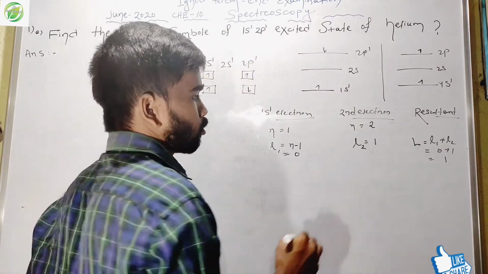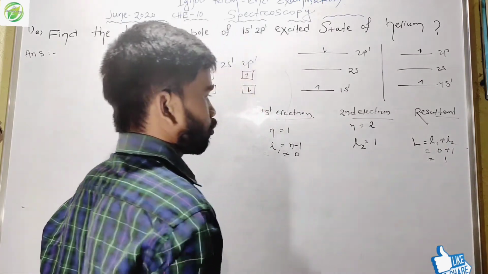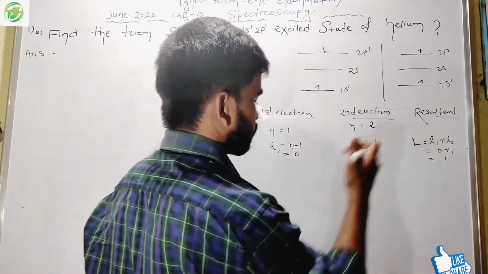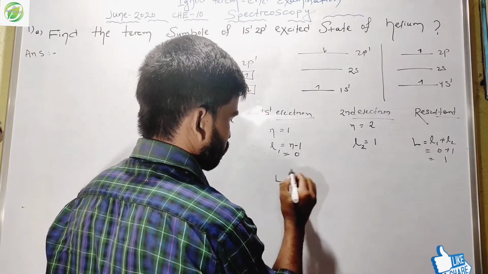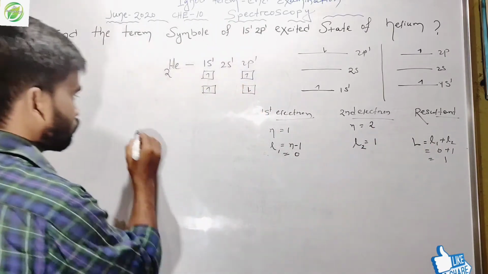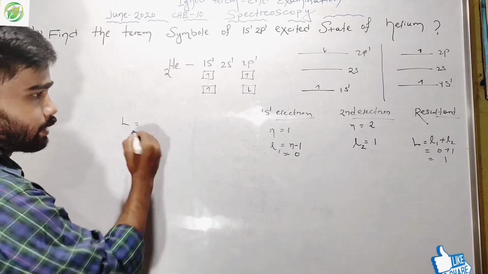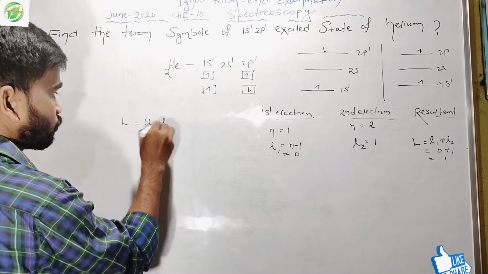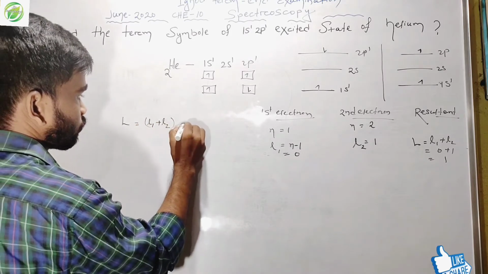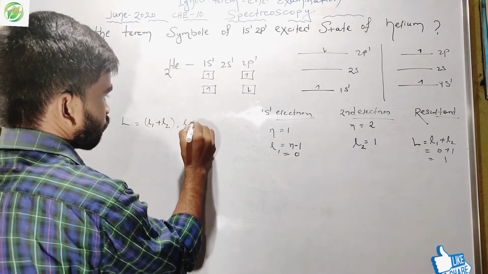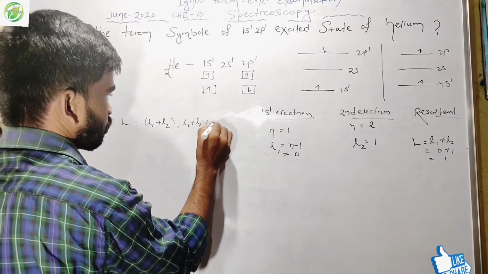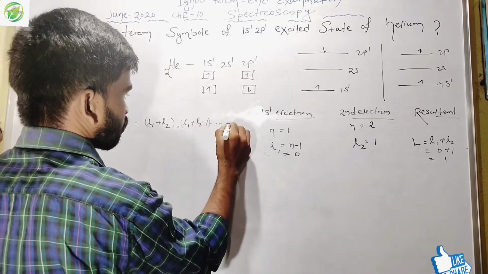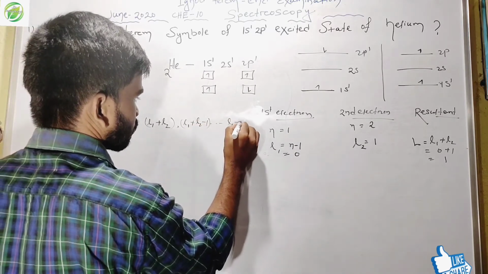In another way, we use the direct formula to find this L value: L is equal to L1 plus L2, L1 plus L2 minus 1, down to L1 minus L2.